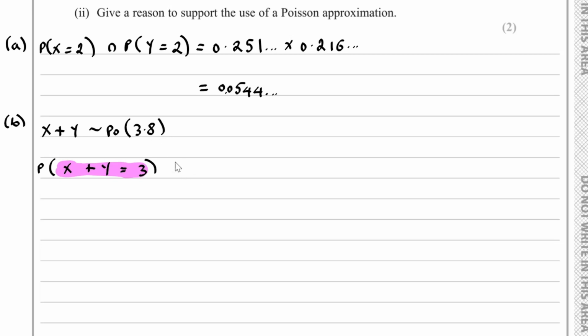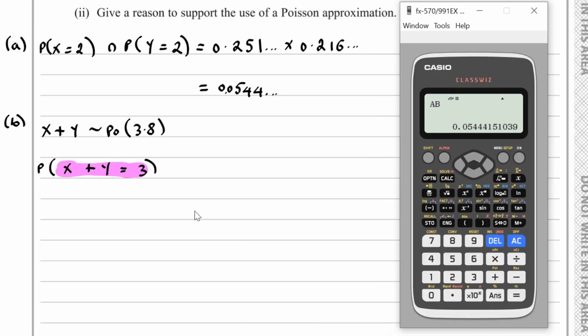Working this out when x is equal to 3, going back to the calculator, we have x equaling 3 and our parameter here is 3.8. Working this out, we end up with 0.204, etc.